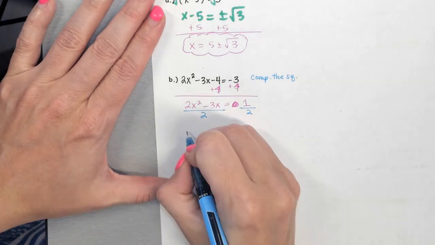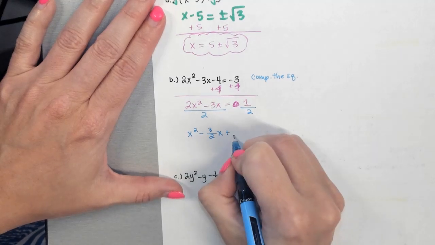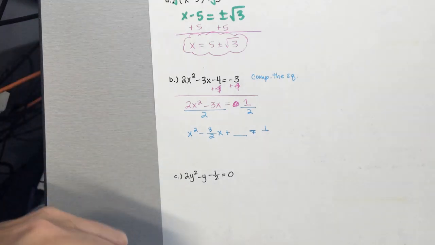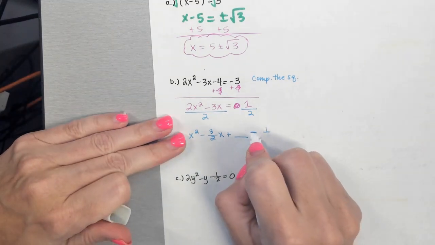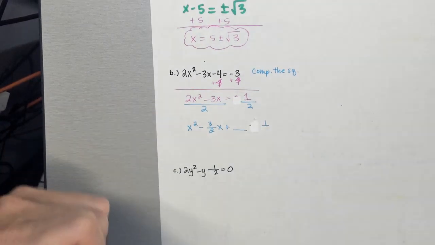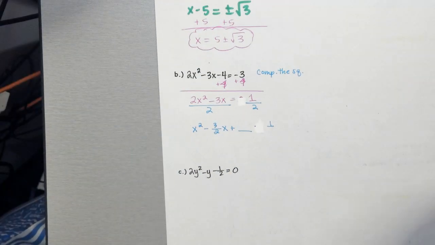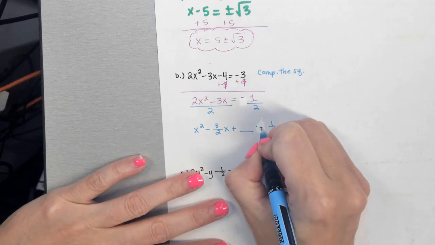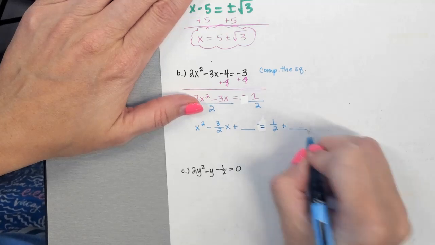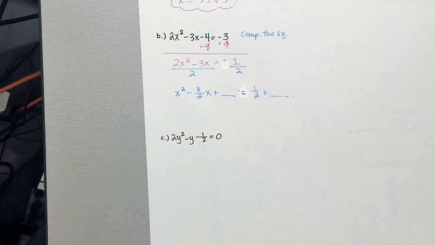If you do that, then you can complete the square once that's a 1.